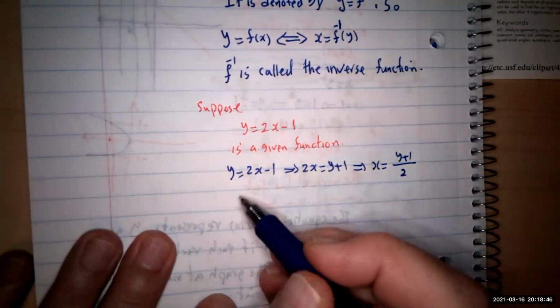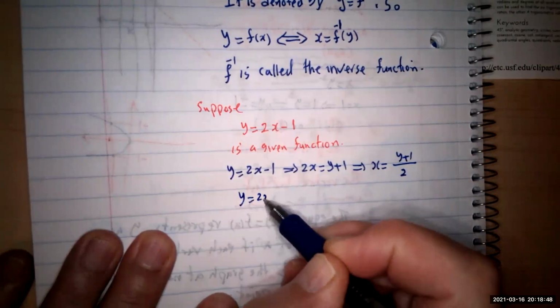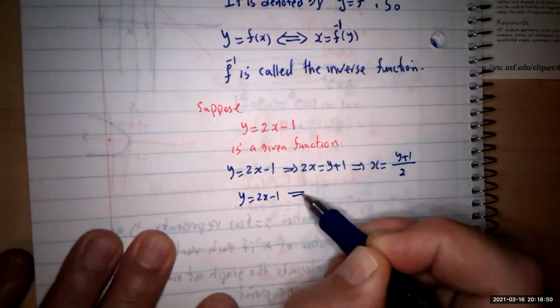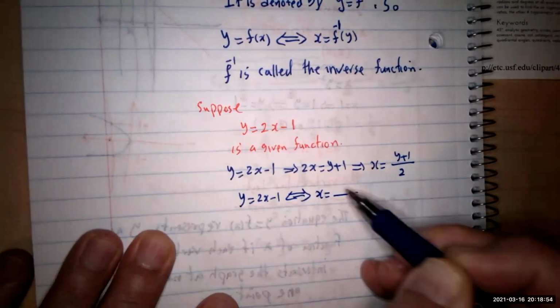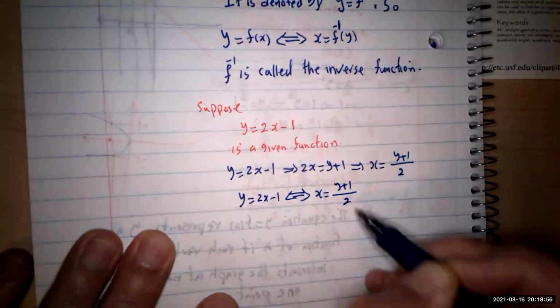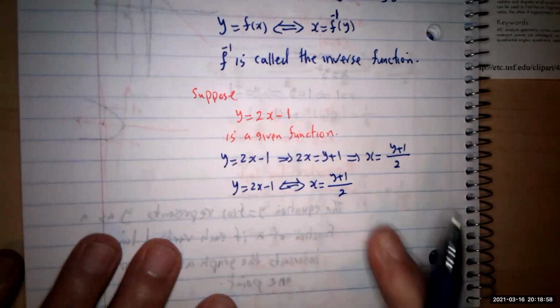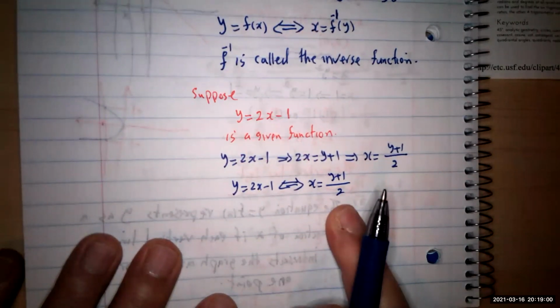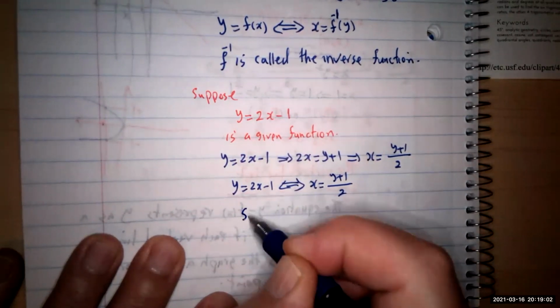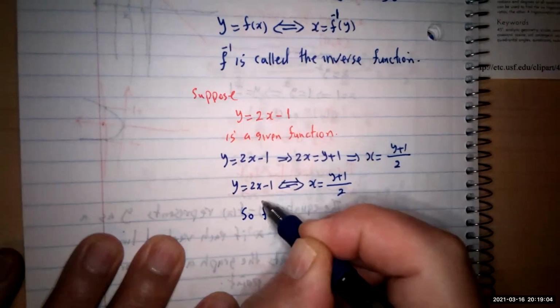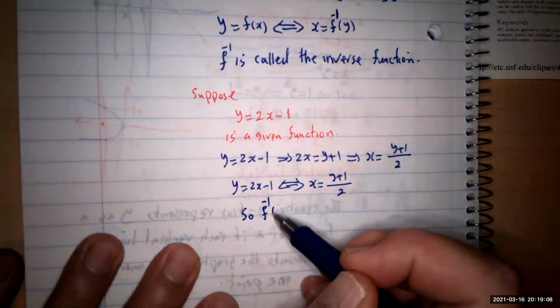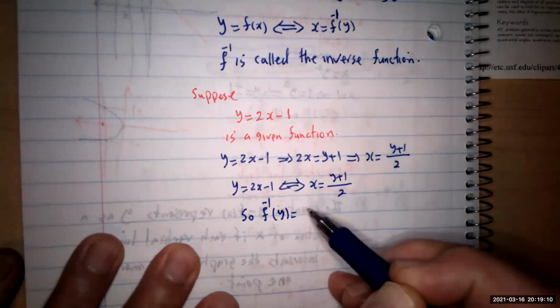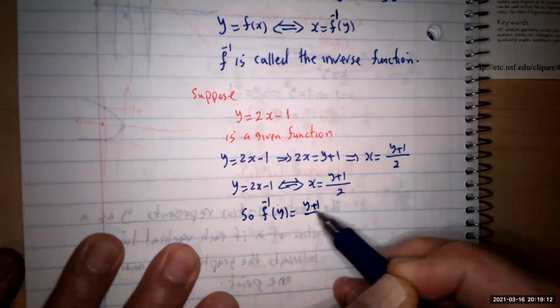You see what you have? y equal to 2x minus 1 was given to you. Now you solve it for x: x is equal to y plus 1 over 2. So this is your inverse function. Your function was f of x, so this would be f inverse of y equal to y plus 1 over 2.